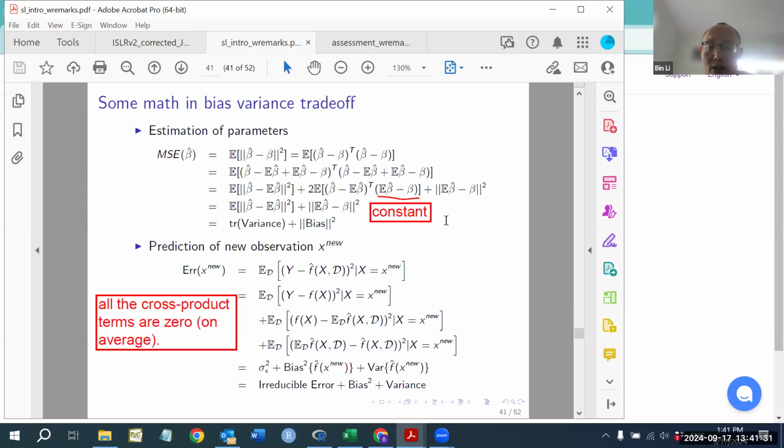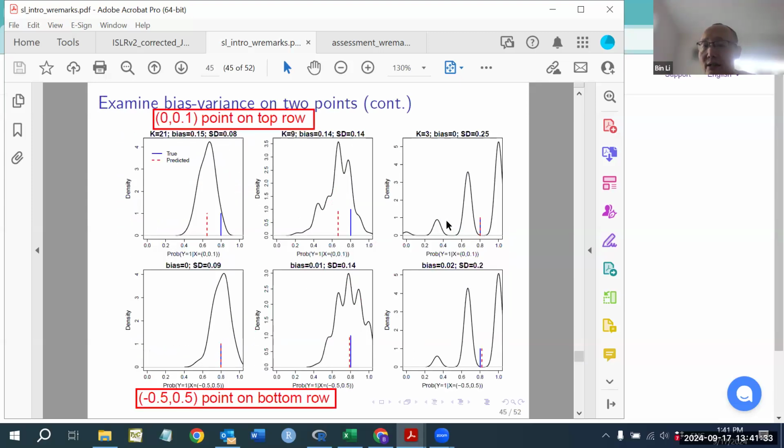And this one still holds, right? For the easy point, you can see that the bias is 0 even with K is 21. Because what? Because this is the easy point. Even with a very simple model, we will get no bias.